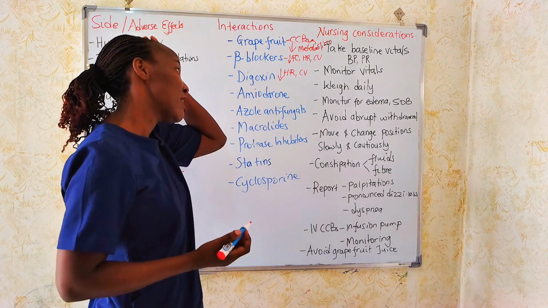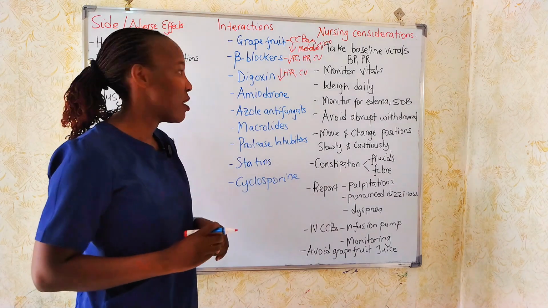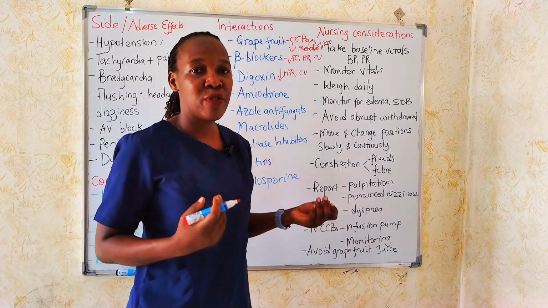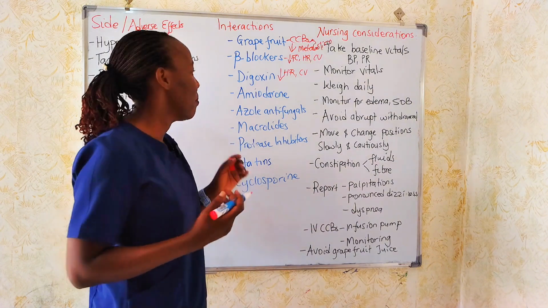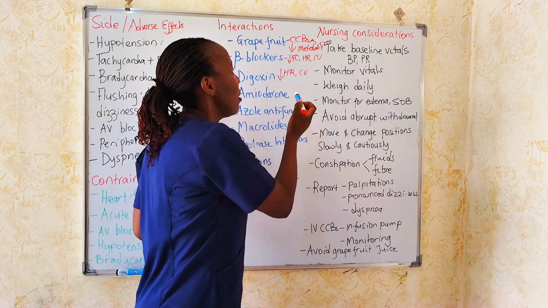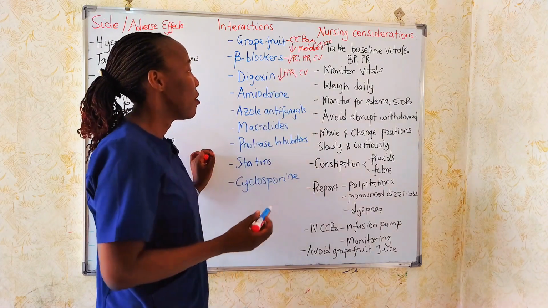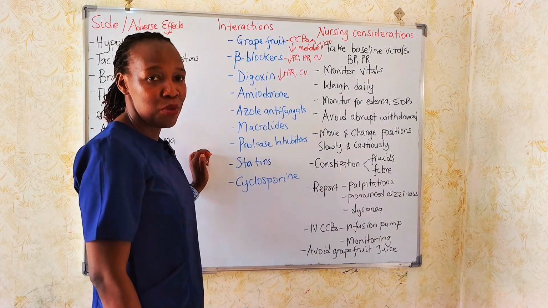Amiodarone is an antiarrhythmic drug that is given usually for a number of ventricular dysrhythmias. Let's say when we have a ventricular tachycardia. Now, amiodarone also does interact with calcium channel blockers.